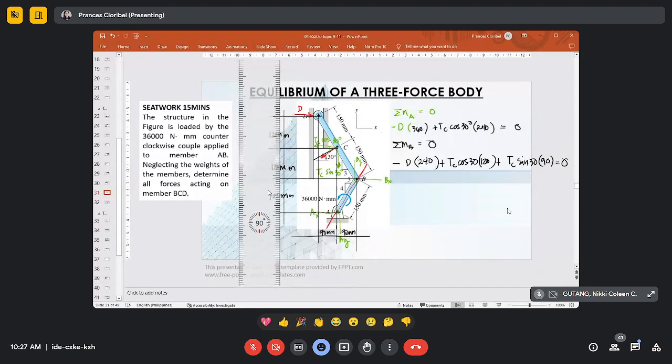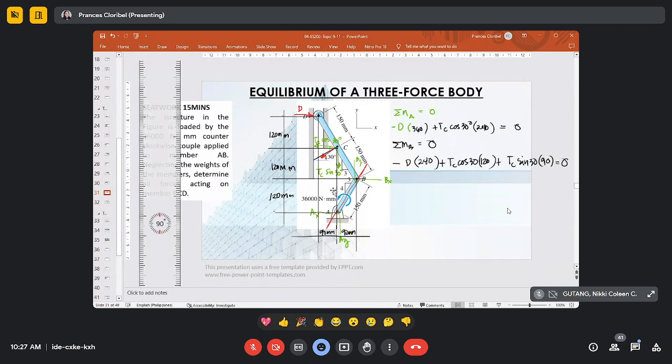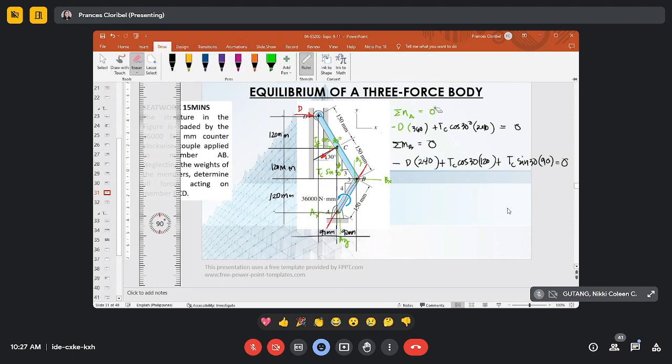Now, if we sum up moments at B, the moment is only from this point on this body. But if we sum up moments at A, it is still included because it is part of the body. So at A, we include the given moment.